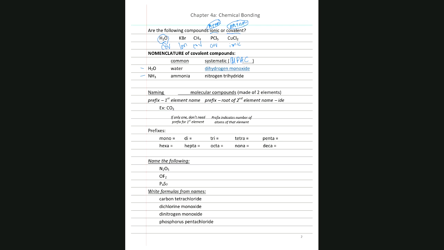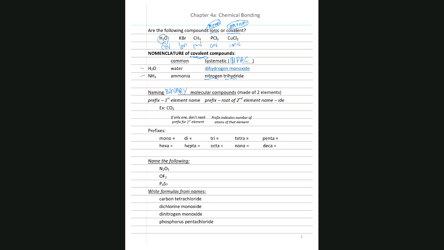NH3, common name ammonia, right? But the technical systematic IUPAC name would be nitrogen trihydride because it's made of 1 nitrogen and 3 hydrogens. So for covalent compounds, the naming system actually makes a lot of sense. The ones we're going to be naming are what are called binary molecules, binary covalent compounds.